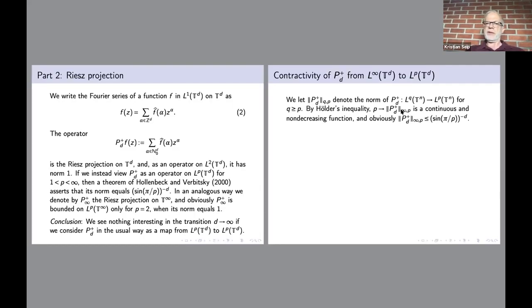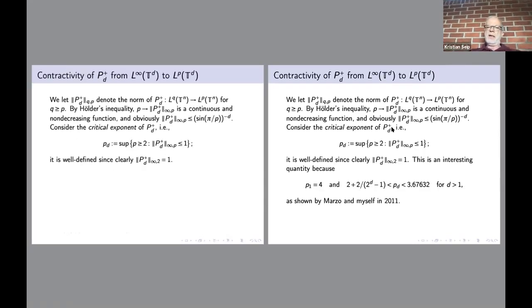This is trivial since we go from L infinity, where the norm is larger, to L^p. There is an object here, which we call the critical exponent of Riesz projection, which is the sup over the p's such that the norm is 1 when we go from infinity to p, okay? This, of course, is well defined.